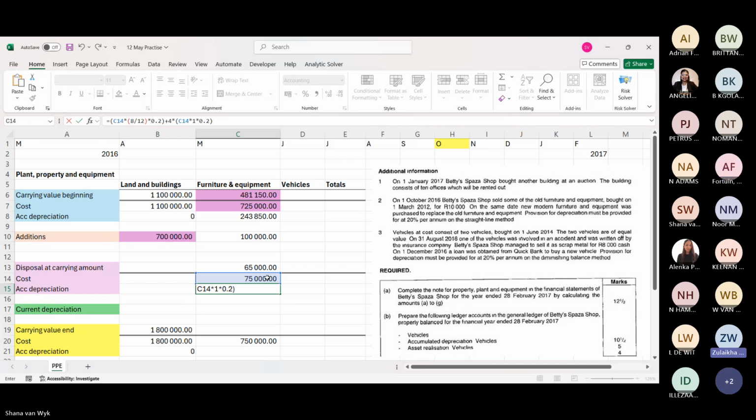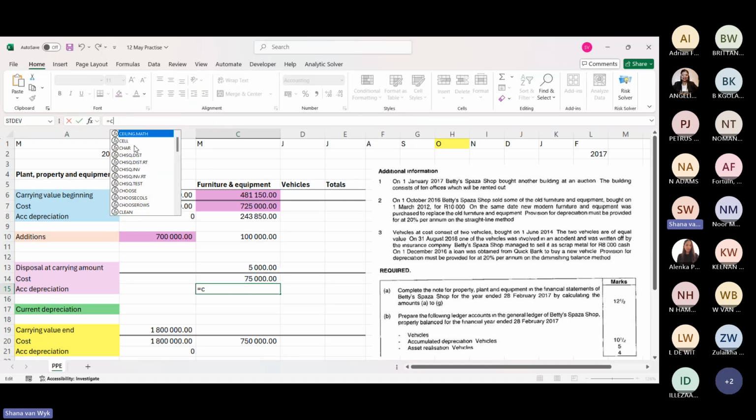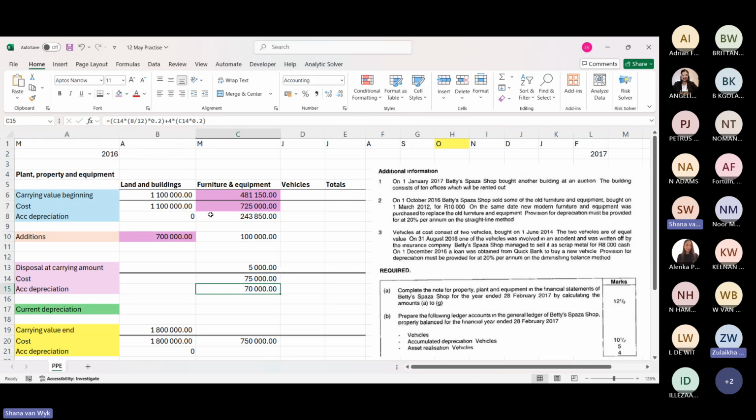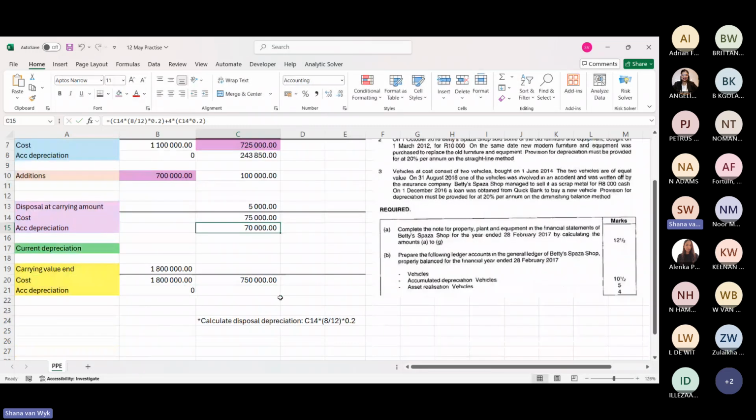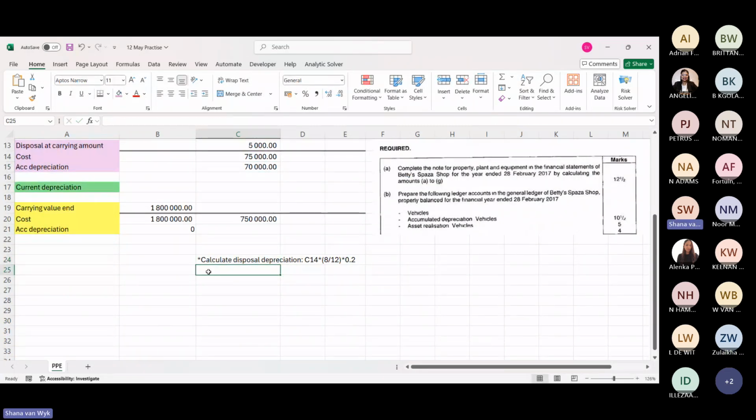Not 12 over 12. Just say 20%. Shauna, can I please ask you to do the calculations at the bottom? That 60,000 makes more sense. Okay, copy. Now you will see it's wrong also.